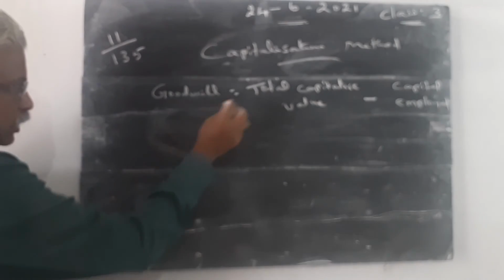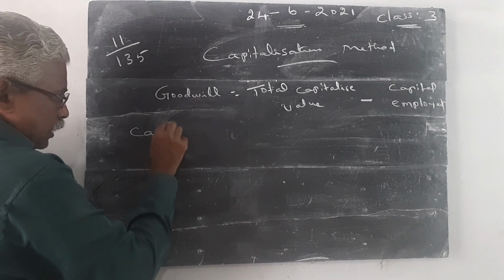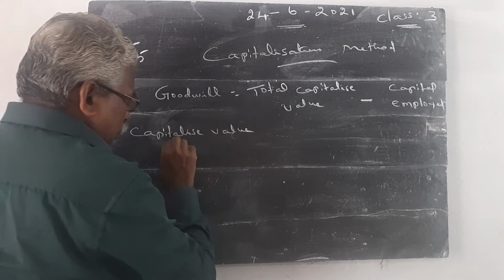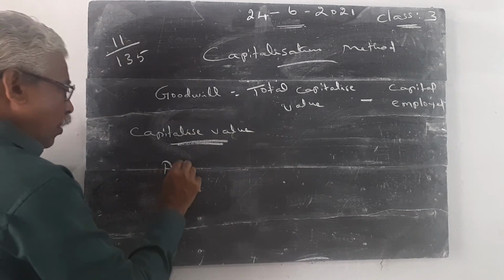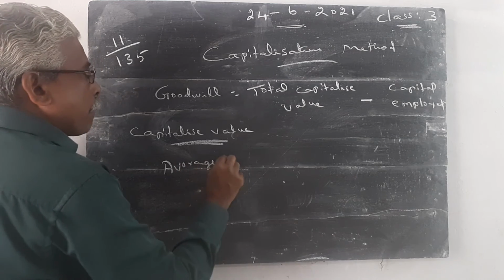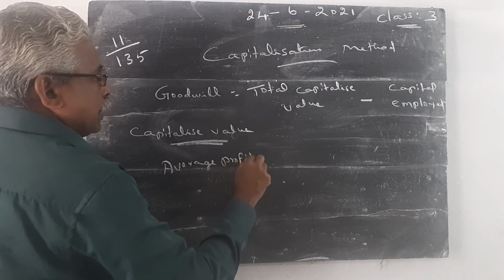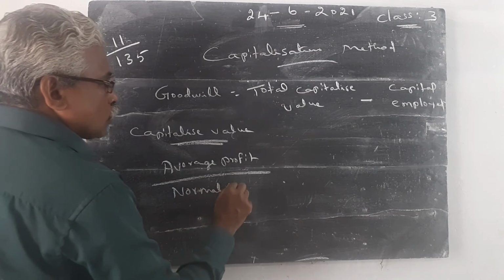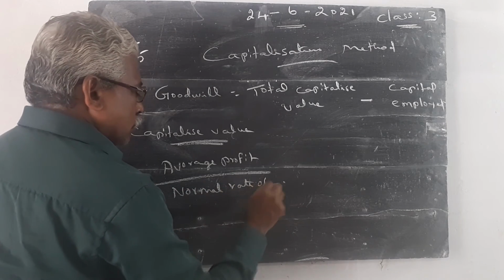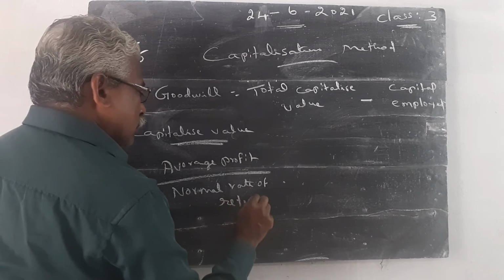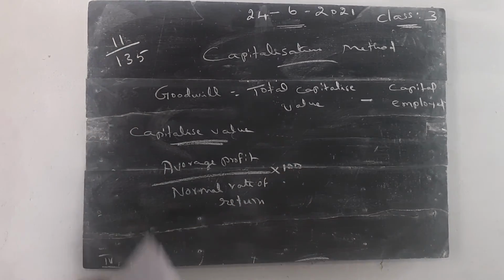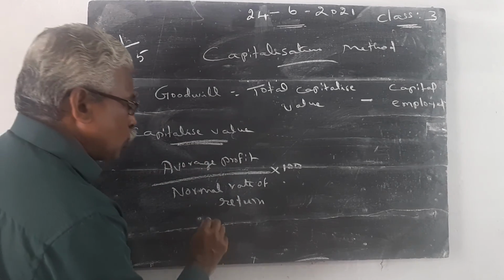Then first duty is calculate the capitalized value. Capitalized value is equal to average profit divided by normal rate of return into 100. The average profit is given in the question, 20,000.